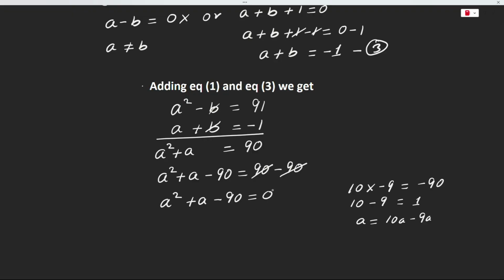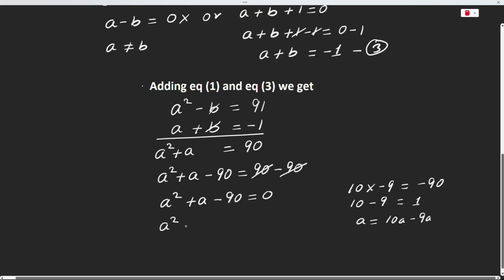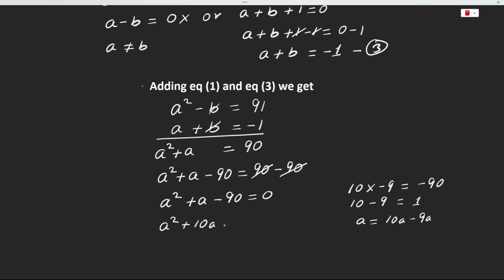So we can write this equation as a square plus 10a minus 9a minus 90 equals 0.